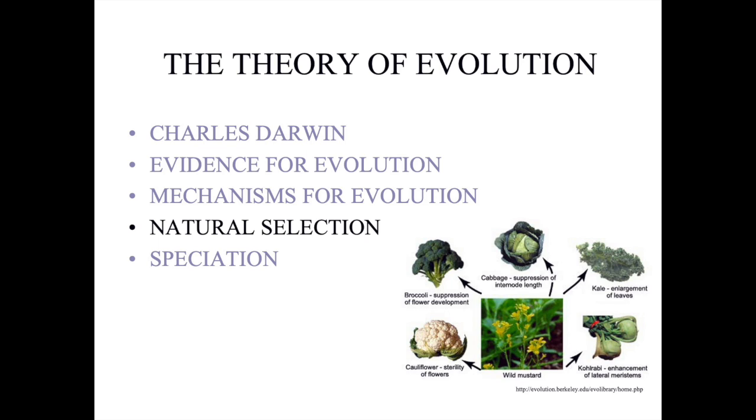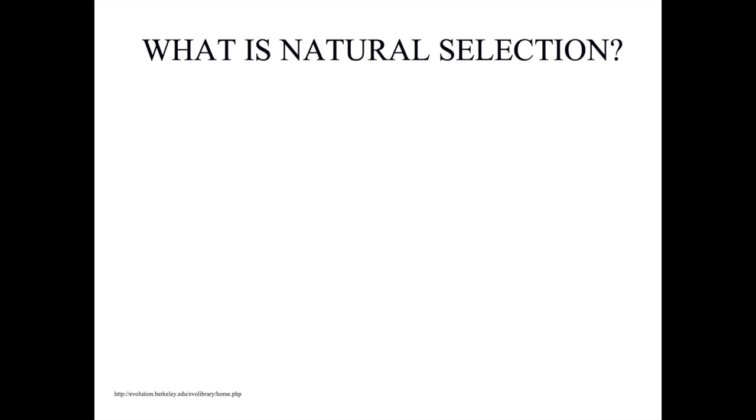And again, this is nature choosing. Doesn't necessarily mean which is best or which is strongest. It's which one is selected for versus which one is selected against. In a nutshell, natural selection selects the best alleles for a gene that allows the population to better survive in its environment.